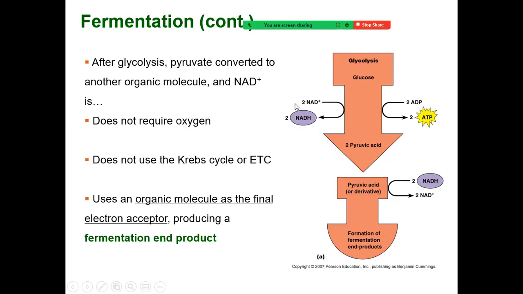If there is no NAD+, glycolysis will stop happening, and if glycolysis ever stops happening, there will be no production of ATP by glycolysis.